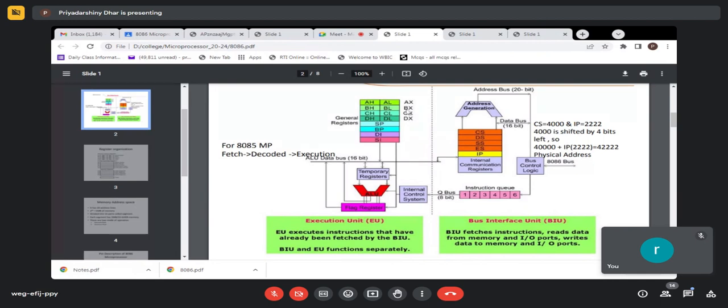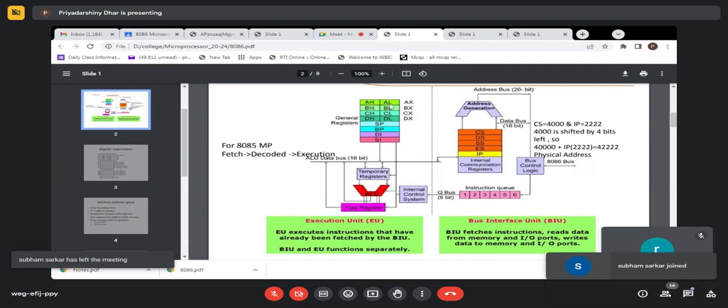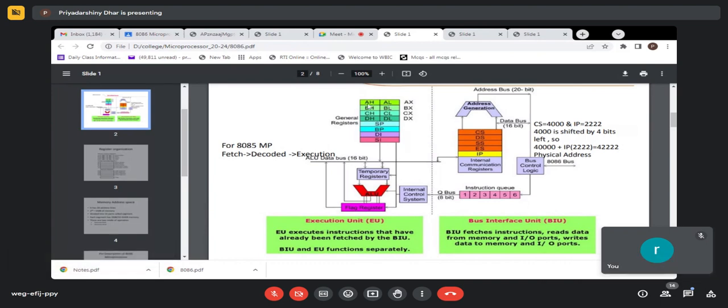BX indicates this is 16 bit. AH indicates the higher order of the A register content. AL is the lower order of the accumulator. A indicates the accumulator here. Similarly here, this is 8 bit, this is another 8 bit. So in total we can access AX as 16 bit.